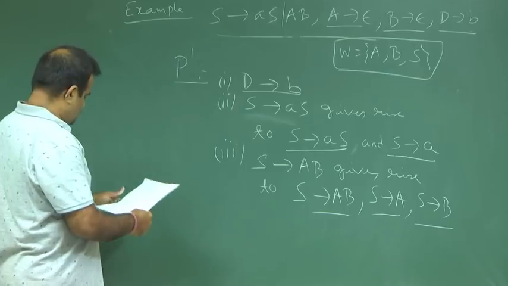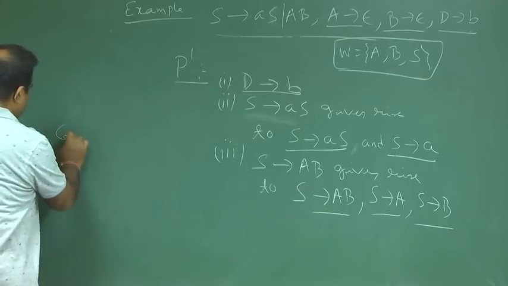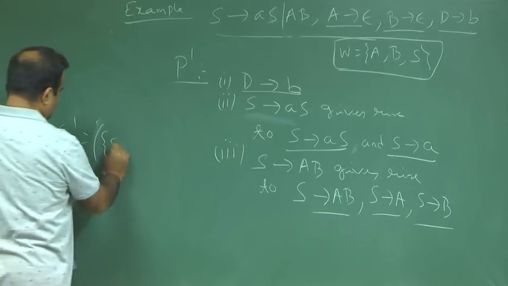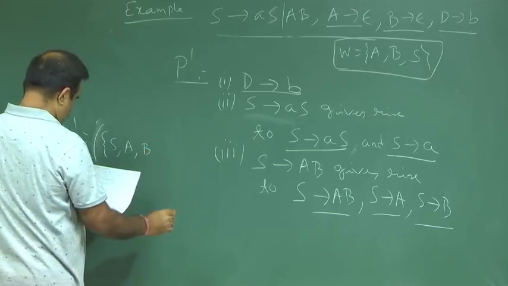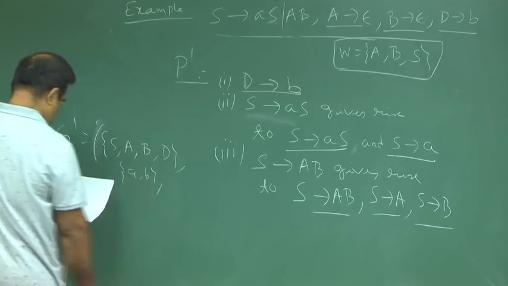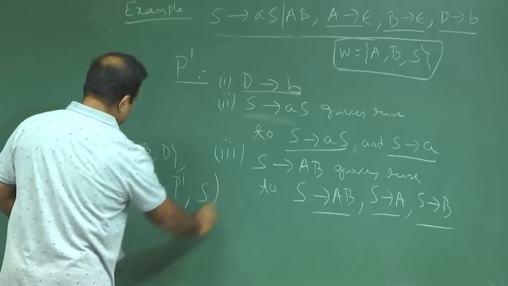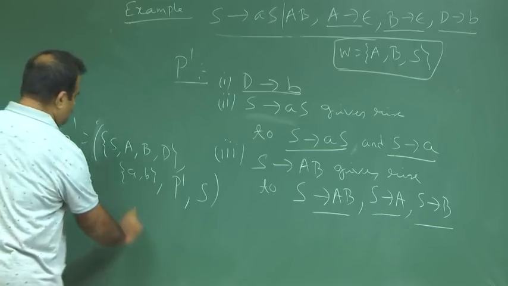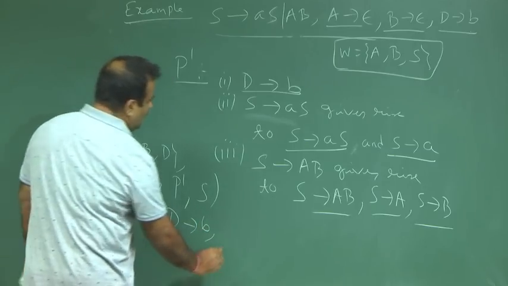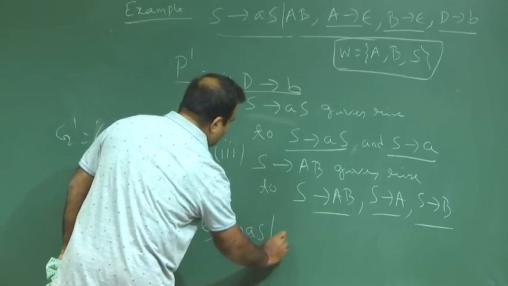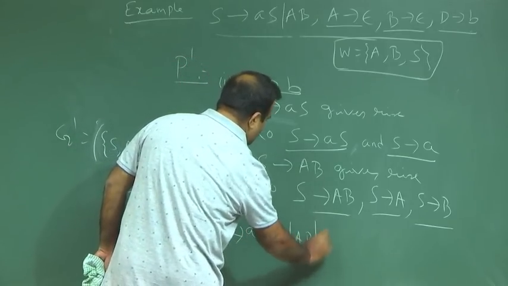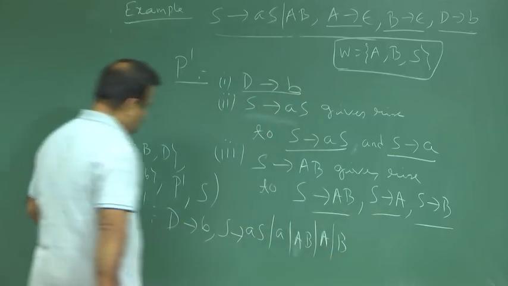So, if we write this, our G prime has all the variables S, A, B, D, and the terminals are a, b, and P prime and S, where P prime consists of D goes to B, and S goes to A S or A or A B or capital A or capital B. So, these are the rules.